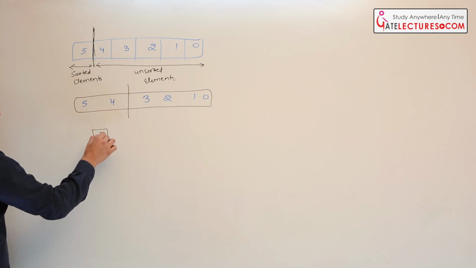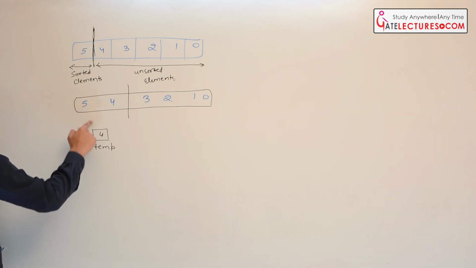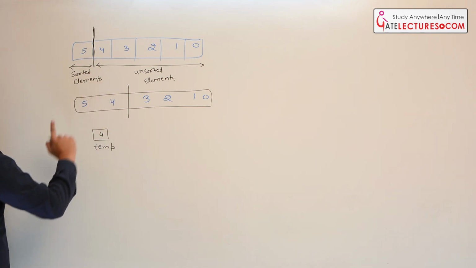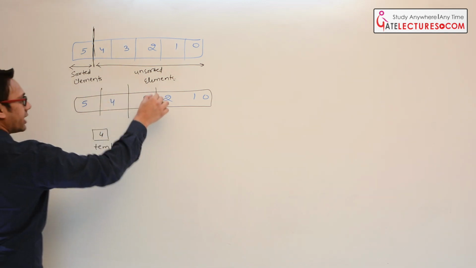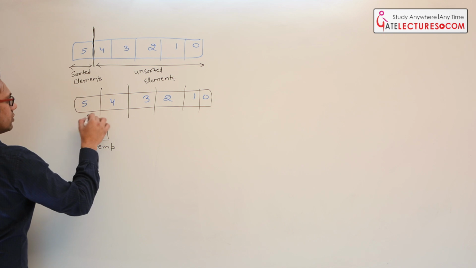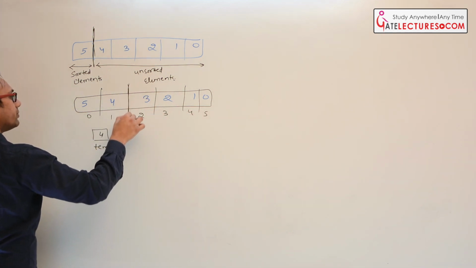Initially we are going to store 4 here. Now compare 4 with this 5. If this 5 is greater than 4, we are going to shift this 5 by one location. These are the index locations: 0, 1, 2, 3, 4 and 5, and this is the window.